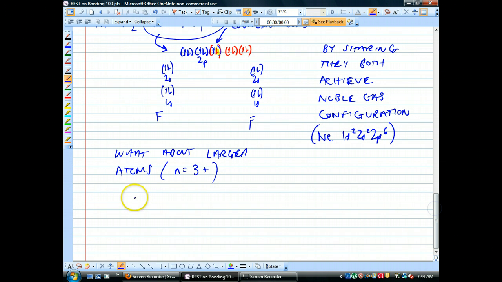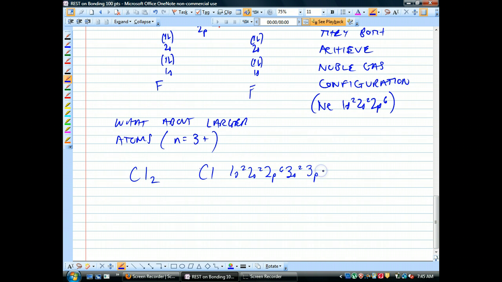So let's look at chlorine. Cl2 is the molecular form of chlorine. Now, one single chlorine atom is 1s2, 2s2, 2p6, 3s2, 3p5, sorry.